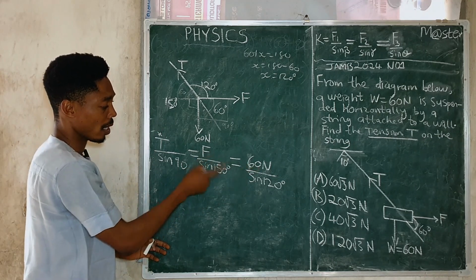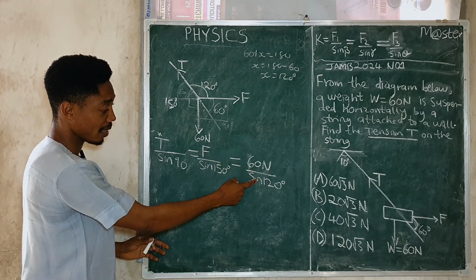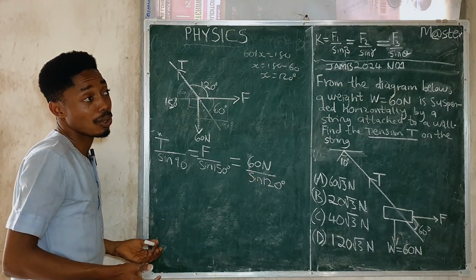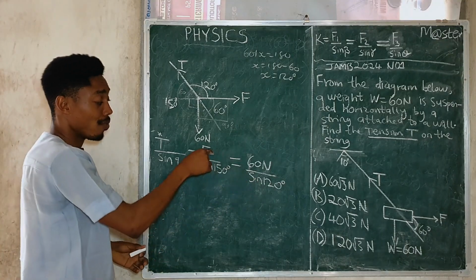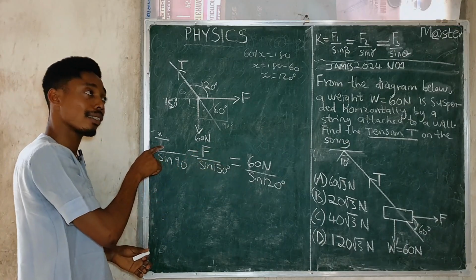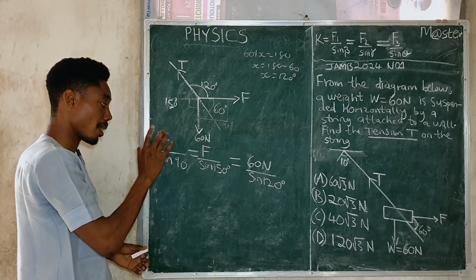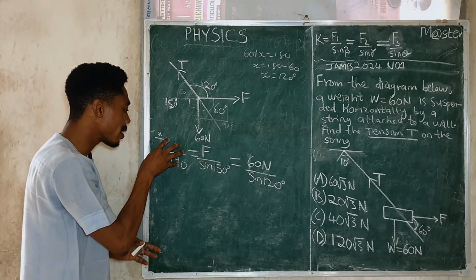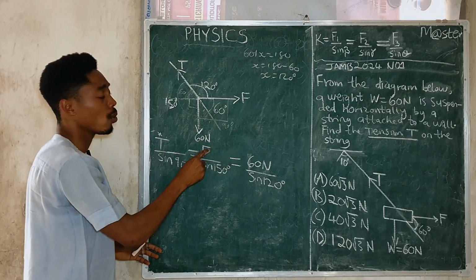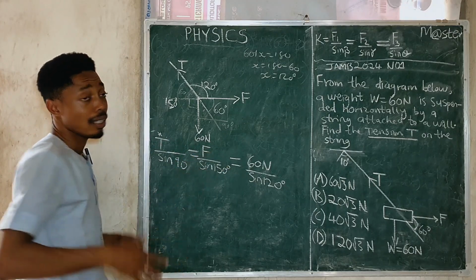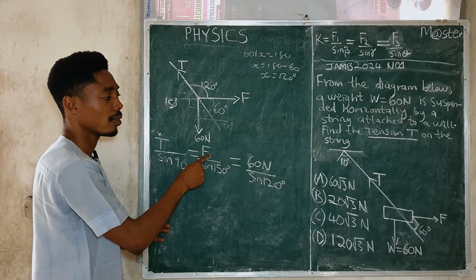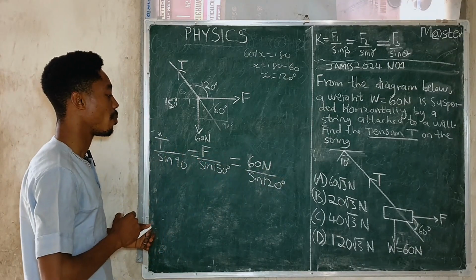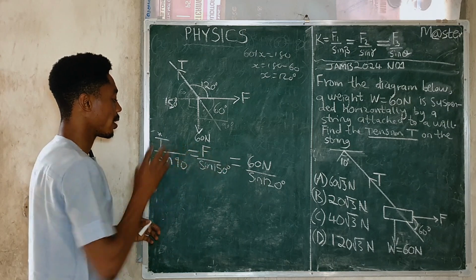I can find what F is, but that was not what I was required to find. You can decide to find F first and then use F to find T. A student can decide to compare this with this, find F, and then compare this with this.